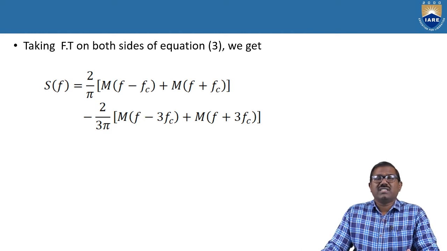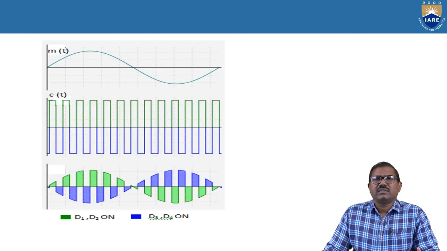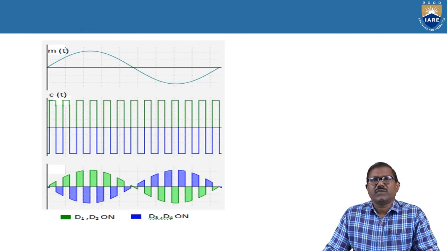So this is the frequency spectrum of the double sideband suppressed carrier using the ring modulator.